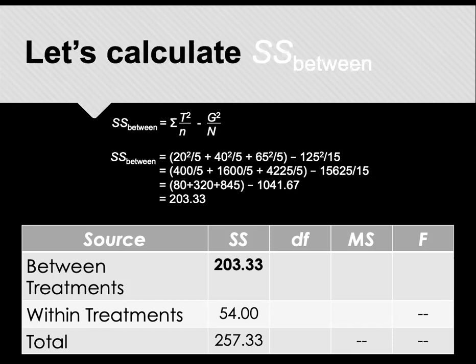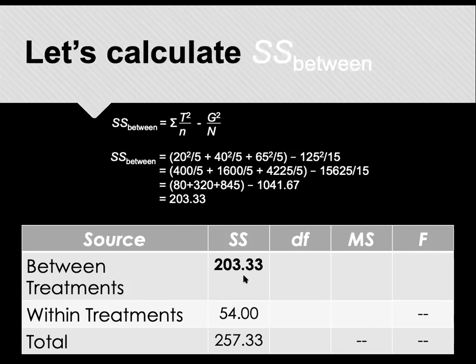So when you do that, 20 squared is 400, 40 squared is 1600, 65 squared is 4225. When you do all the math here, you end up with 203.33. That goes here. Between treatments, sum of squares, 203.33.